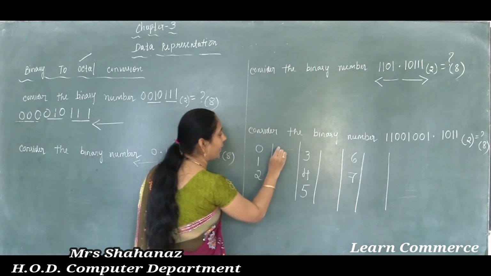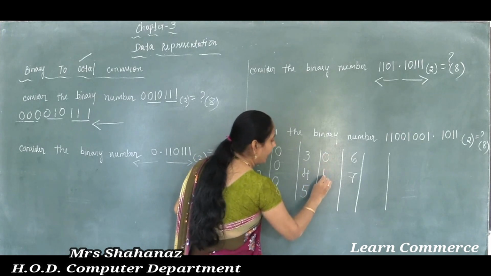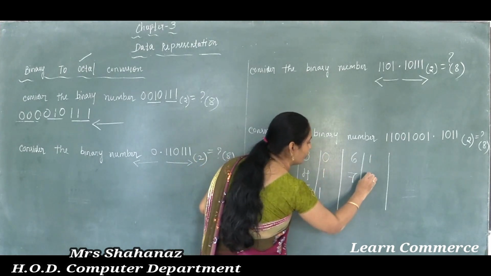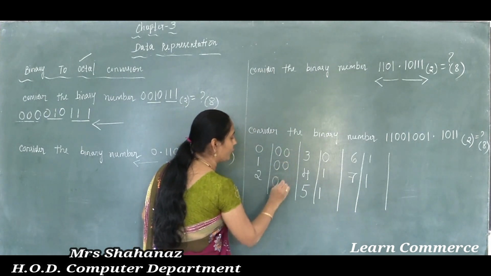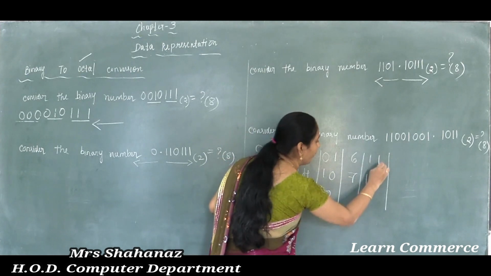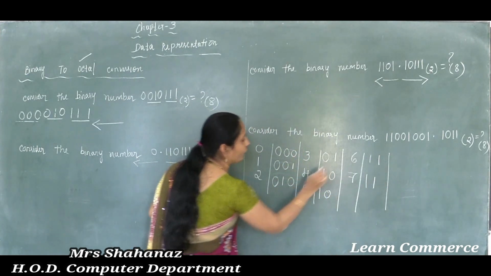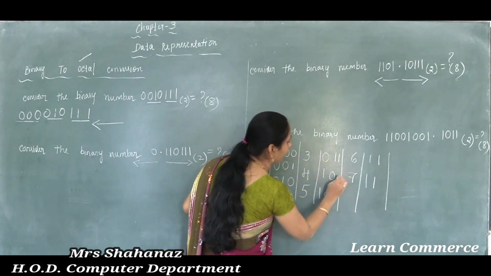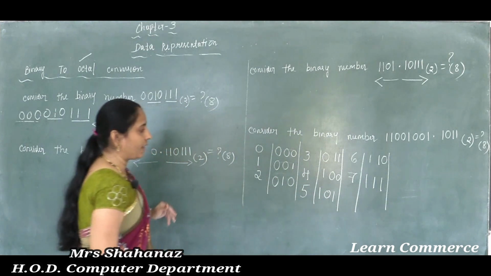As we know, first of all the 4 0 value we need to take, and the 4 1 value we need to take here, correct? And later next one, after that the 2 0 value, 2 1 value, 2 0 value, and 2 1 value we need to take. Finally 0 1 0 1, okay? 0 1 here, 0 1 and the 0 1. So like that all those values we need to take.